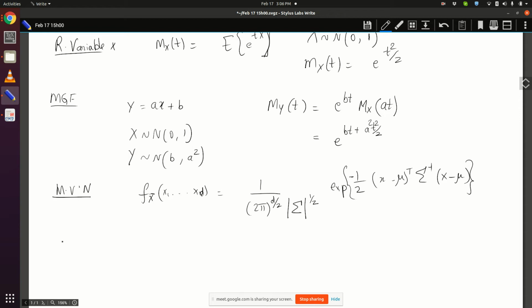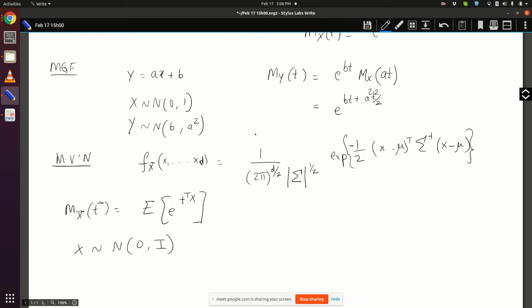When you have the moment generating function for a multivariate random vector, M_x(t) is given as E[e^(t transpose x)]. Now suppose x comes from a normal with mean zero and identity covariance. So each component is independent and identically distributed with mean 0 and variance 1.